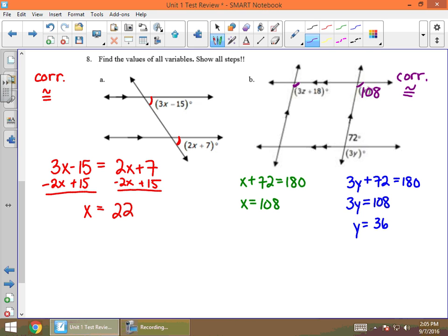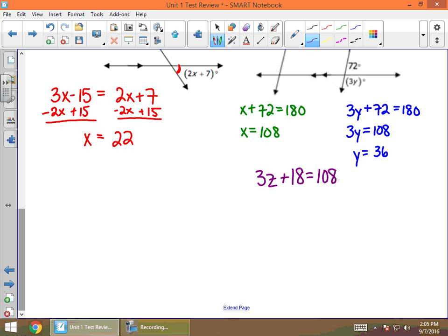So I can set those two things equal. 3z plus 18 has to equal 108. I'll subtract 18 on both sides. 3z is what? 90. Divide by 3, and that means z is 30.